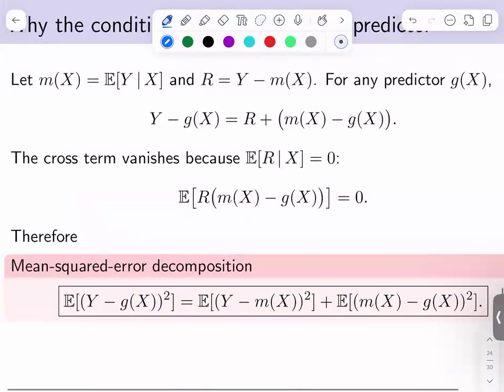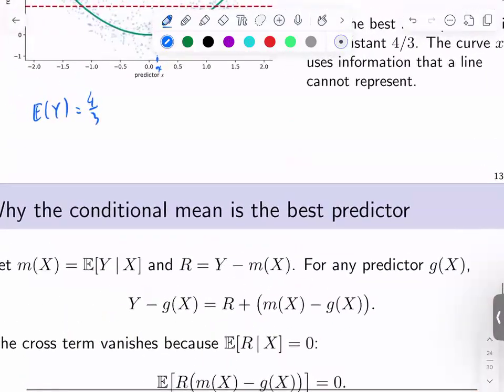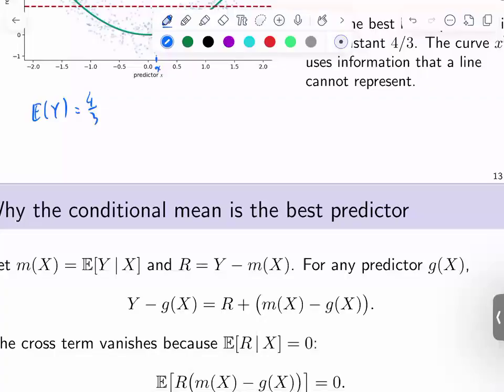To formalize this, suppose I want to predict Y by a function of X, and I look at the square of the difference. If it turned out that this is constant, then the constant function would be the best. So I want to minimize over all possible g.